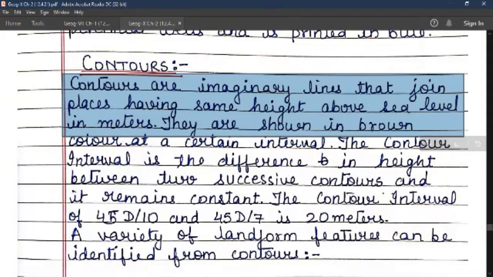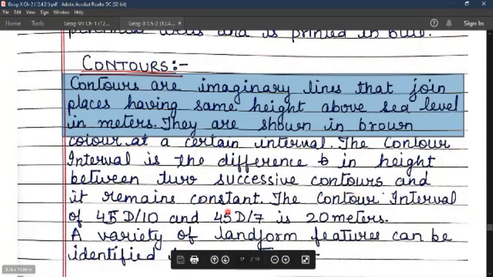They are shown in brown color at a certain interval. The contour interval is the difference in height between two successive contours and it remains constant. The contour interval of the 45 D10 and 45 D7 sheet is 20 meters.